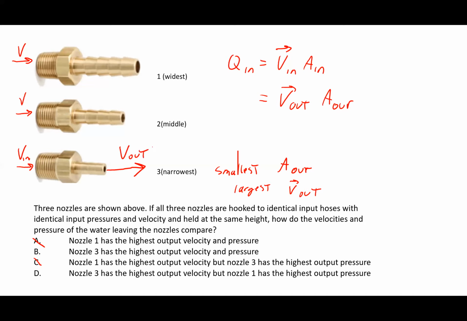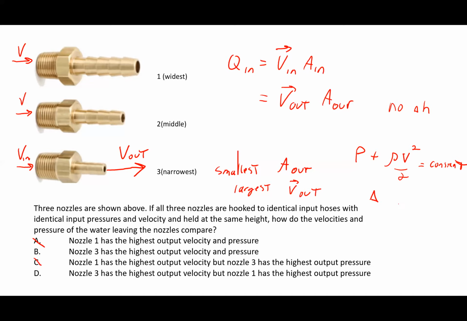If I look at what's going on with pressure, this is where Bernoulli's equation comes in. The pressure plus rho times v squared over 2 has to be constant in the case where I have no change in height.